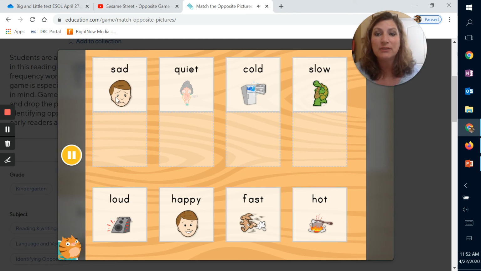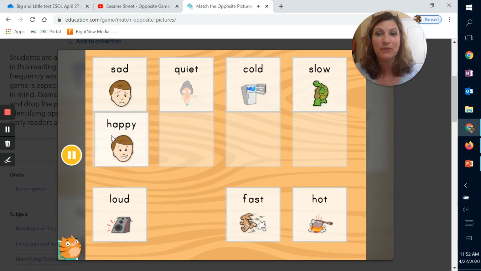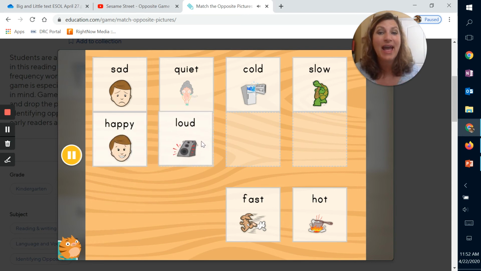So the word sad, the opposite of sad is happy. That's right. So we're going to put that there. All right. Quiet. The opposite of quiet is loud. Loud. There's a speaker right there that shows you a picture of something blaring.